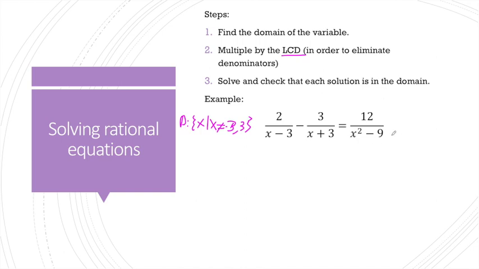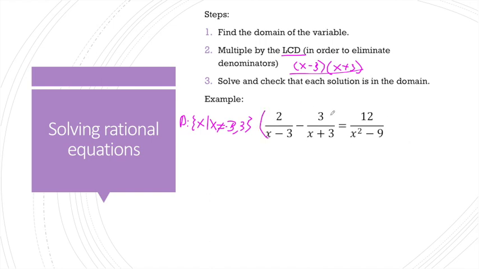I know that this is going to factor into an x minus 3 and an x plus 3. We are lucky enough in this case that this is going to be our lowest common denominator because I need a factor of x minus 3 and a factor of x plus 3. So we're going to go ahead and multiply both sides by this.